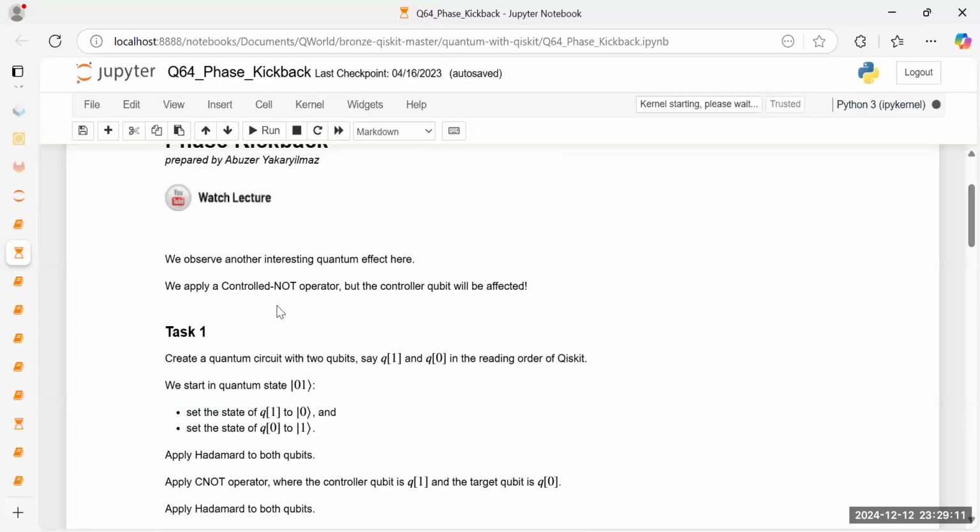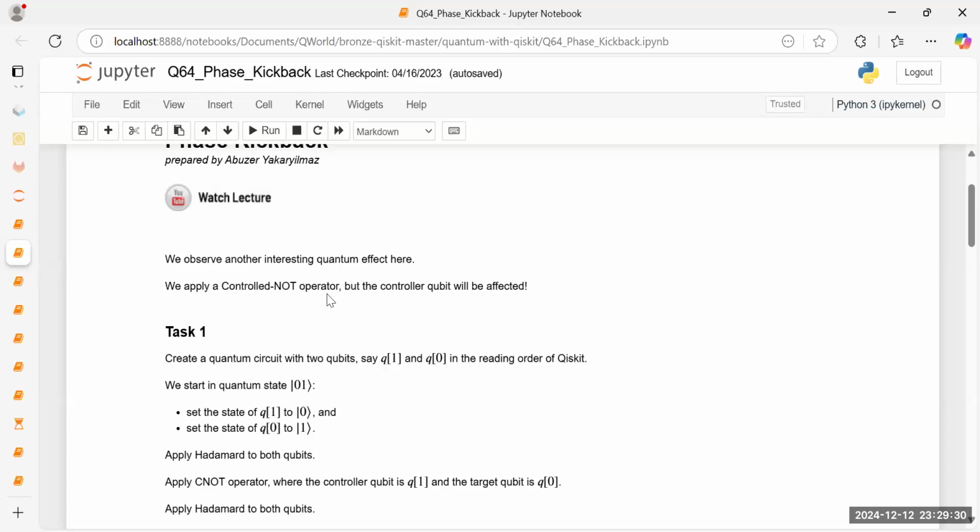Okay, so here, we briefly described phase kickback yesterday, and we said in phase kickback, we want to apply a controlled operator. Let's say the control not operator, for example.